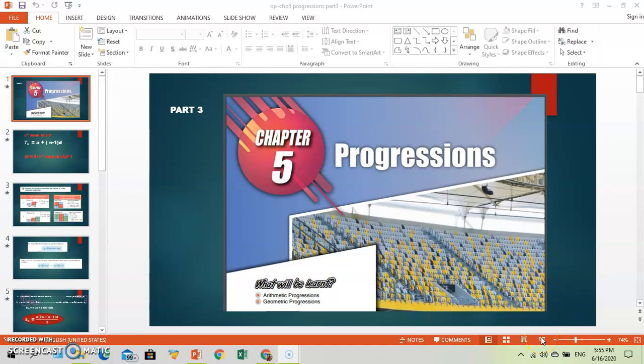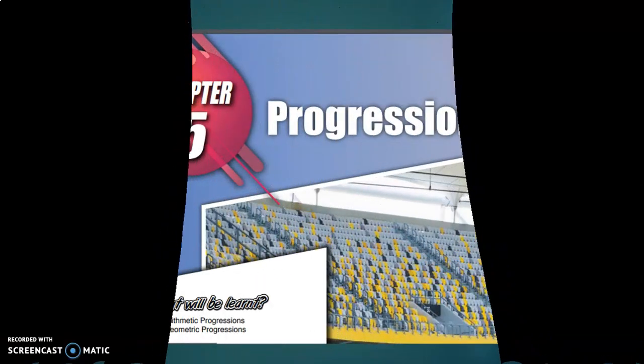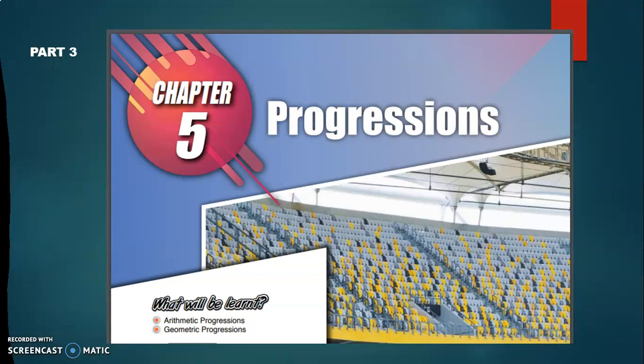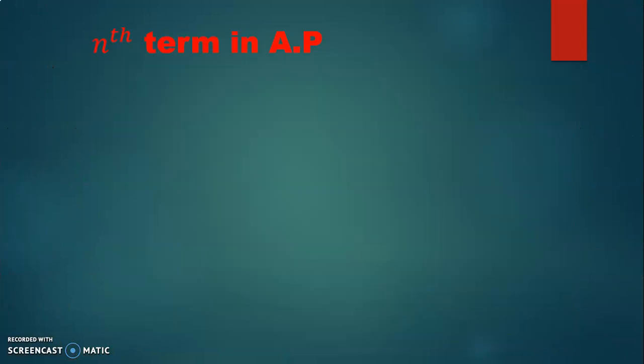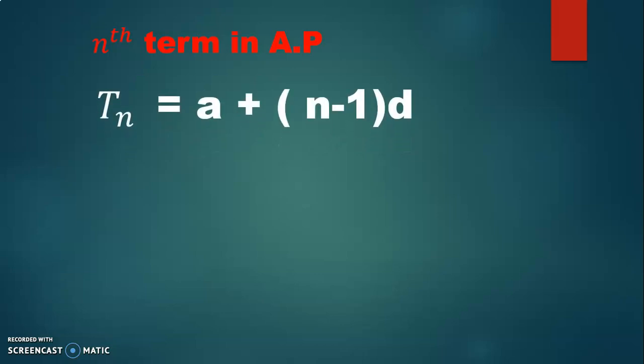OK，各位同学，今天我们再来continue our part 3 of progressions. Right. Before this, we have learned about nth term in AP，就是 Pn equals to this equation，我希望大家都很明白了咯，very easy.